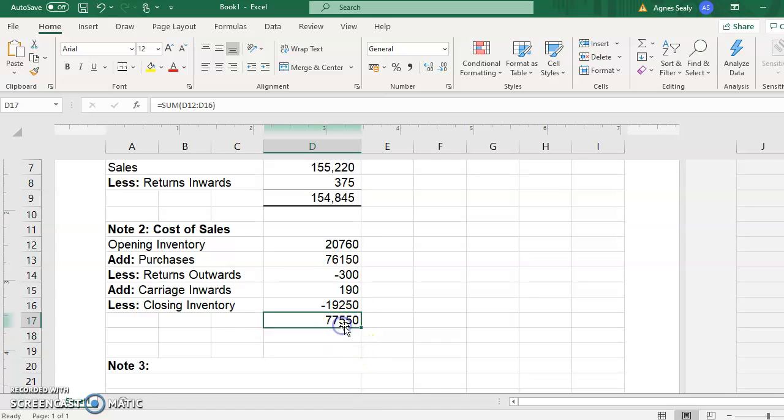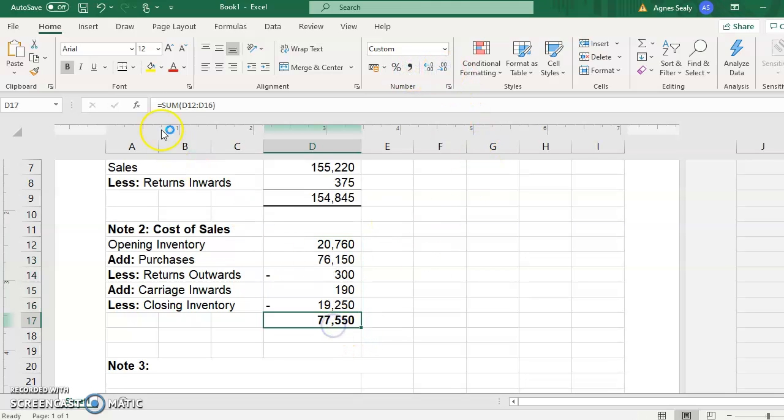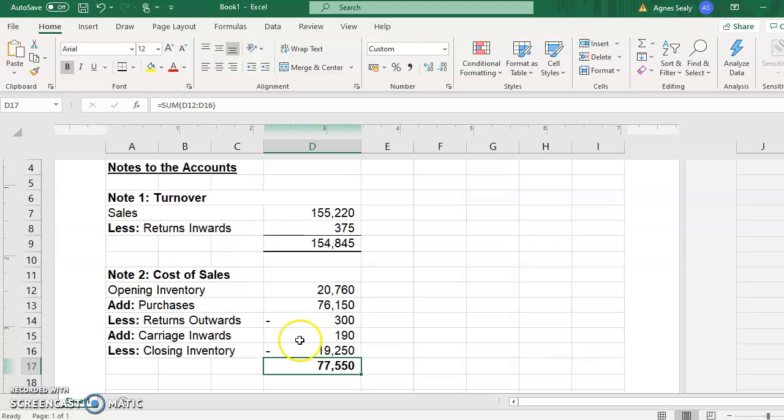So our cost of sales is $77,550. So our cost of sales, $77,550. So when we come back in our next video, what we will be looking at is calculating our administrative expenses and our selling and distribution expenses.